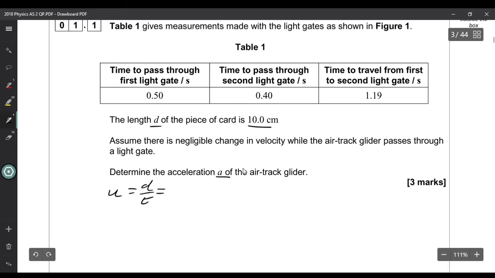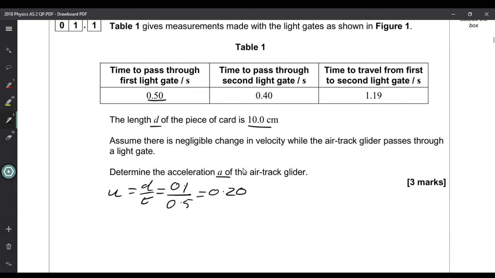So in this case, for the initial velocity, D is 10 centimeters, so that's going to be 0.1, and the time taken to pass through the first light gate is 0.5, so that will equal 0.20.